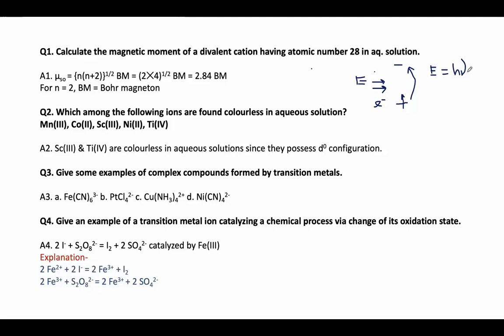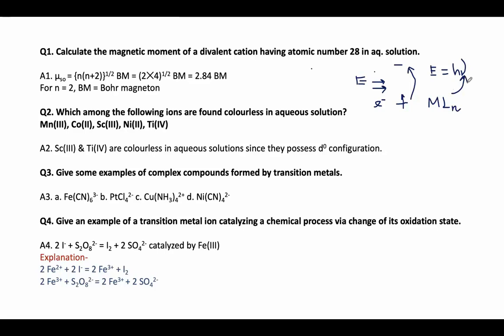Now this complementary color is determined by the nature of the ligand. Suppose a metal complex is here, which is termed as ML_n, where M is the transition metal and L is the associated ligand. So depending upon the nature of the ligand, the value of nu will be determined.